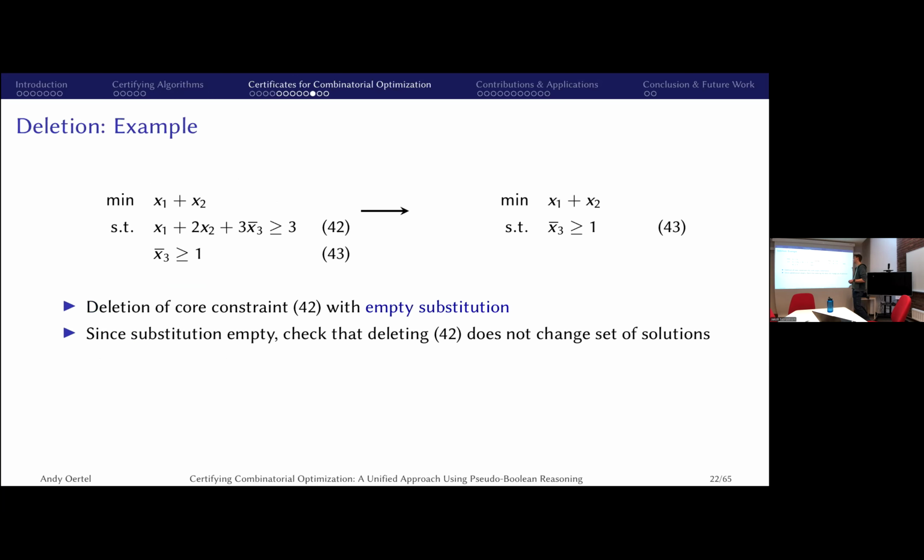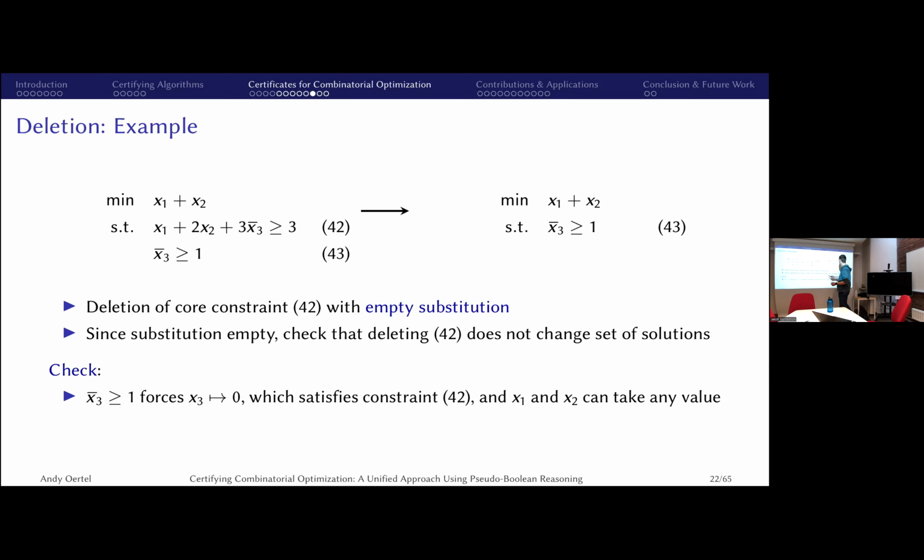Basically, what we can see is that our remaining constraint after deletion is not x3 greater than 1. That forces x3 to be 0. And x3 being 0 actually satisfies this constraint 42. And so, because this constraint 42 is satisfied, it doesn't restrict x1 and x2. So x1 and x2 can take any value. And so, also on the right-hand side, after deletion, x1 and x2 can take any value. So the set of solutions is unchanged.